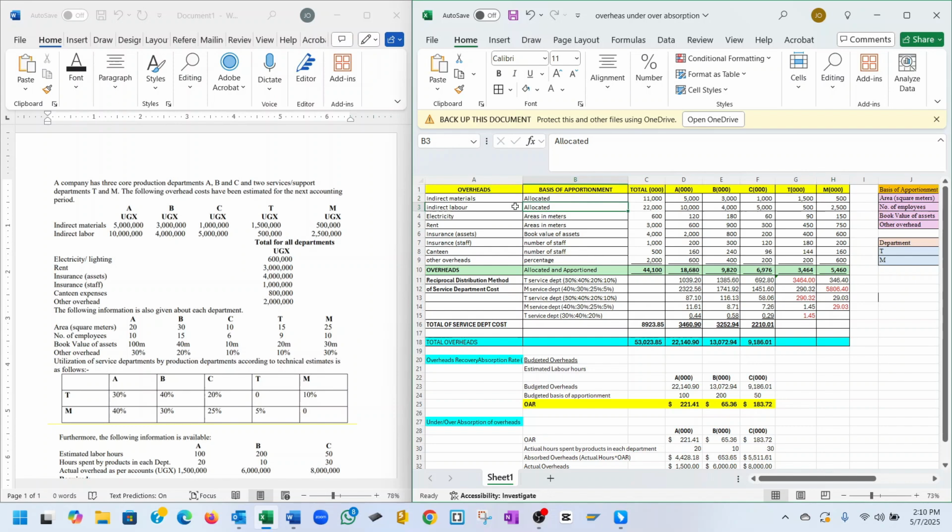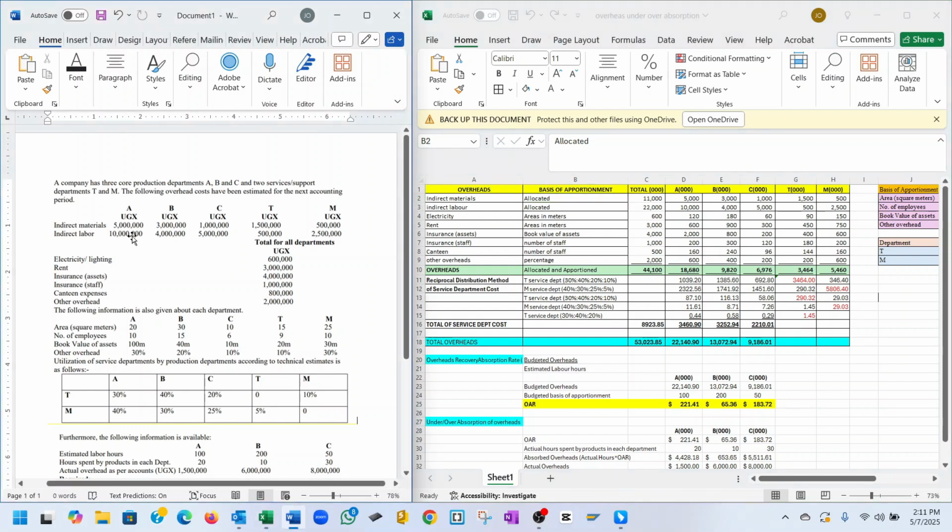So these costs, indirect material cost, is allocated because when you look at here, they are allocated. Okay, indirect labor, it's also allocated. 10 million, 4 million, 5 million, 500,000, 2.5 million.